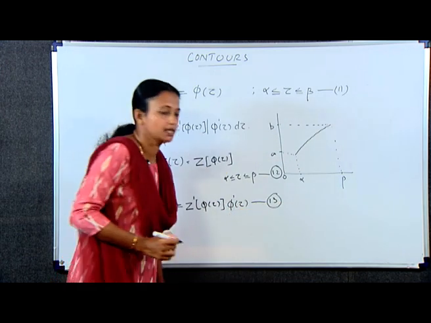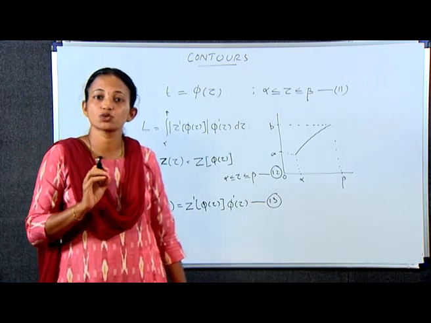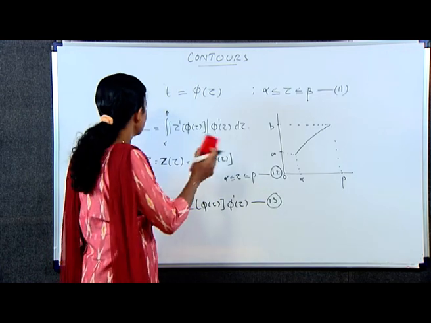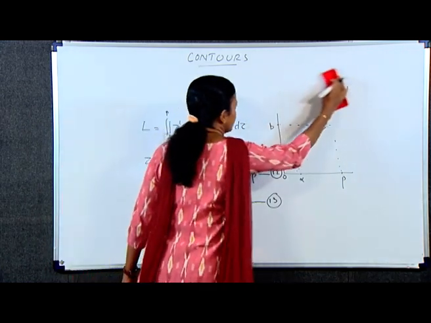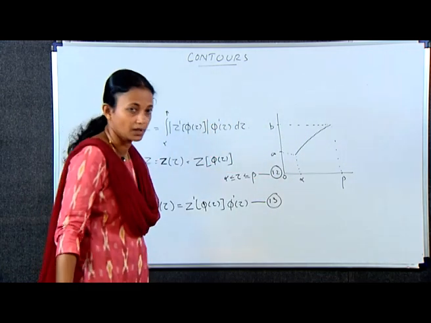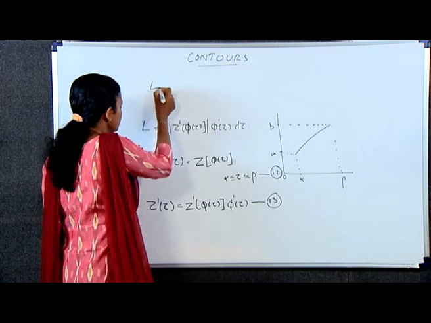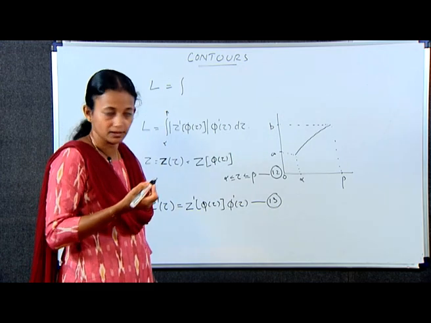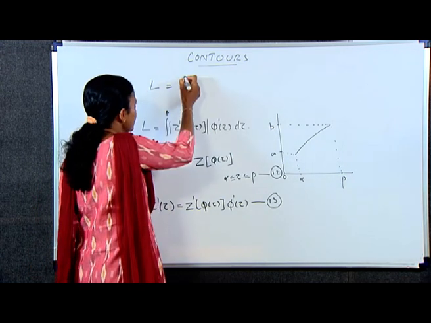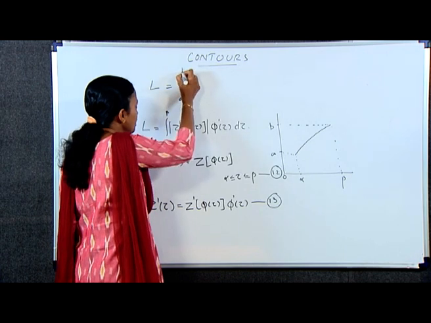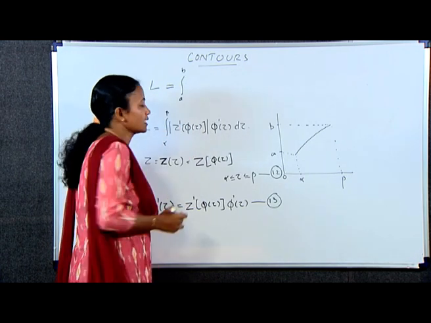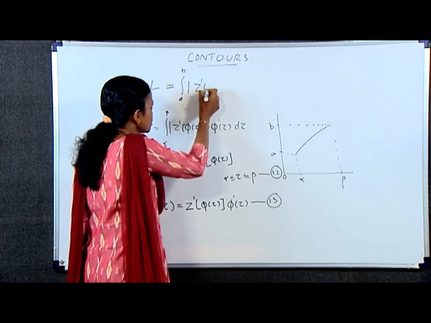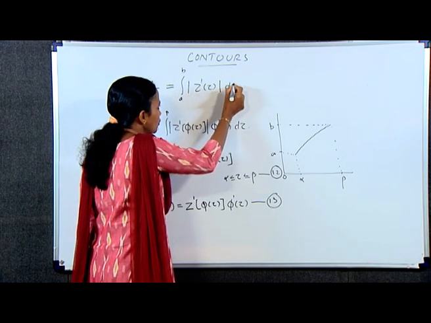Equation number 13 enables us to write expression 10 like this: L is equal to the integral from a to b of mod z dash of tau dt.